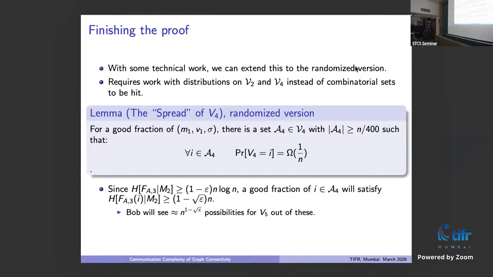So effectively what we show for the randomized version, what I said just now was intuition about the deterministic version: what are the V4s that Alice sees as potentially reachable? That's omega n in size, and therefore she has to send information about all of it in the next message, which is clearly not possible. The randomized version of this is that for a good fraction of M1 fixings, V1 fixings, and sigma fixings, there's a set of size something like n over 400 such that the probability that V4 is equal to I is omega of 1 over n.